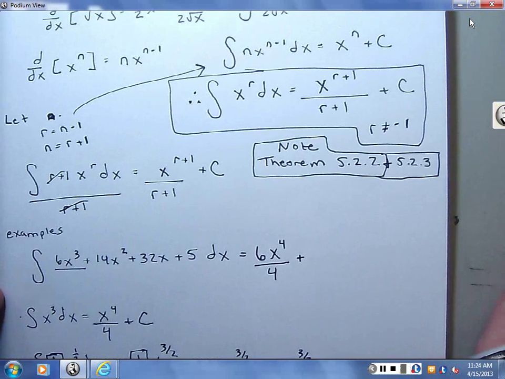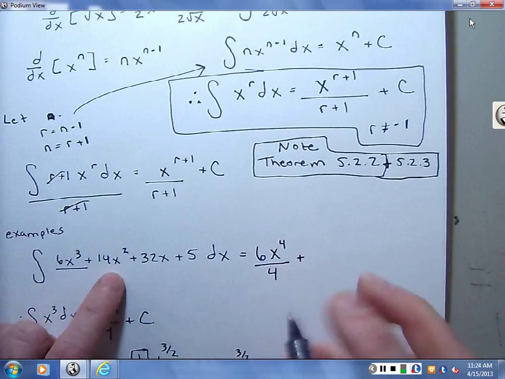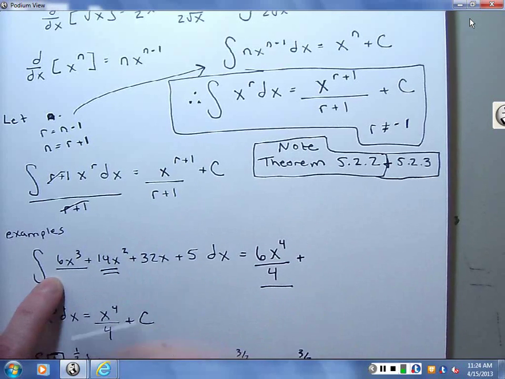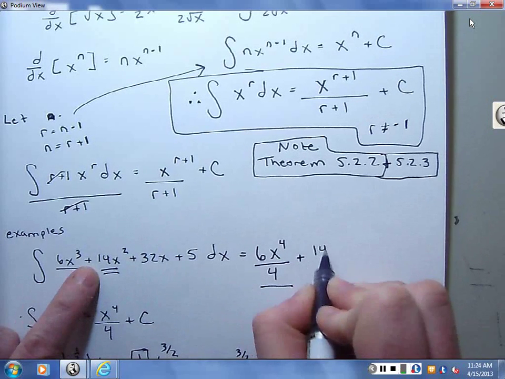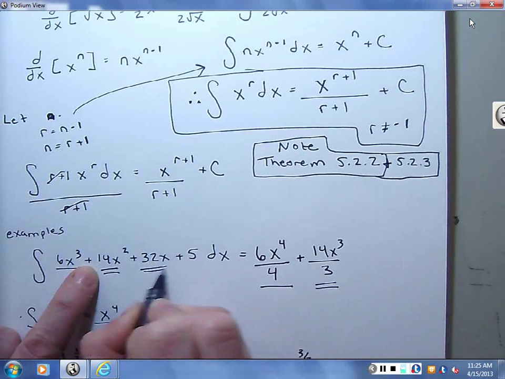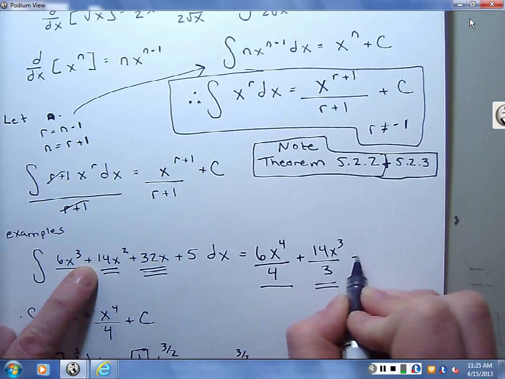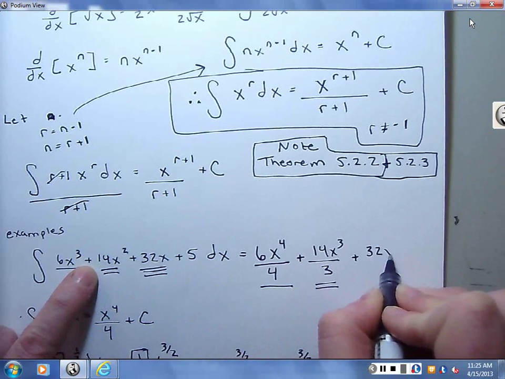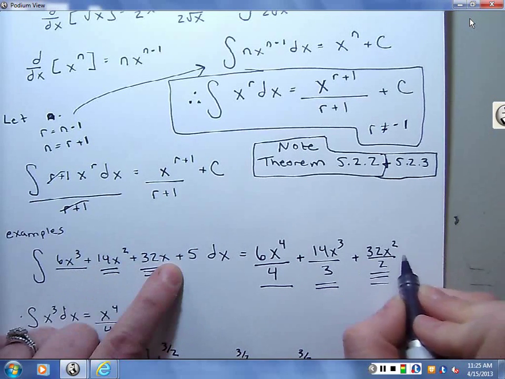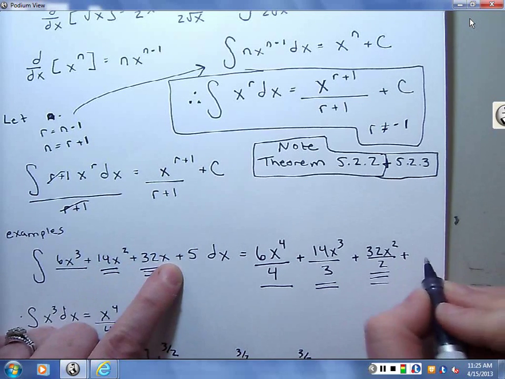Okay, so let's go back to the top one. What is the integral of 14x squared? Very good. What about 32x? What about 5? 5x.